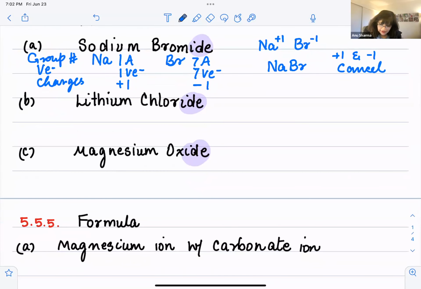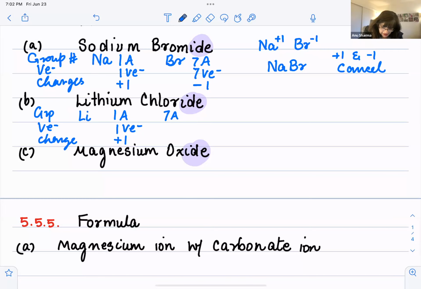Next is lithium chloride. Same story. Lithium group 1A. So I'm going to just put the valence electrons and the charge here. Lithium is group 1A, 1 valence electron, and the charge is a positive charge. All metals will have a positive charge. Chloride is coming from chlorine, which is in 7A. Lithium looks like Li, chloride looks like Cl.